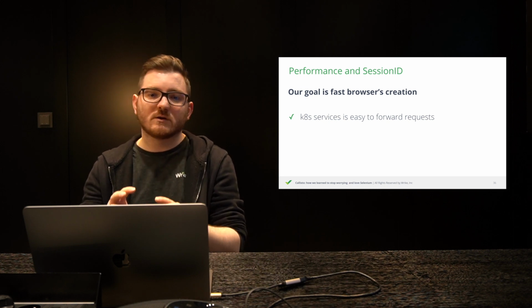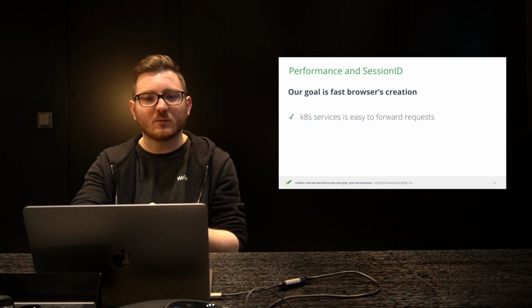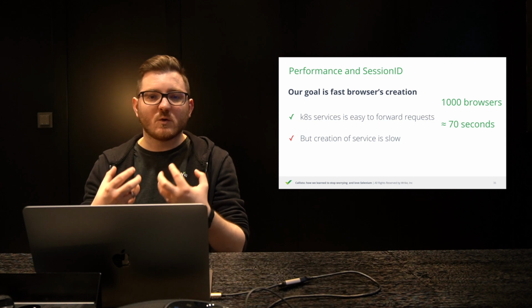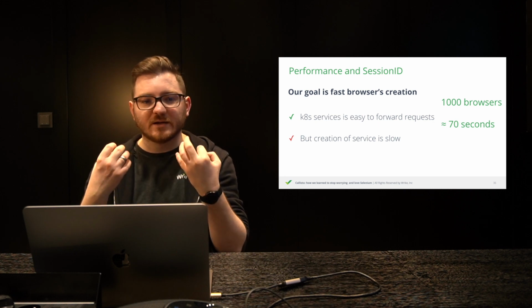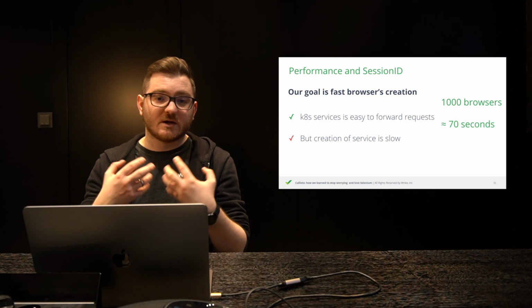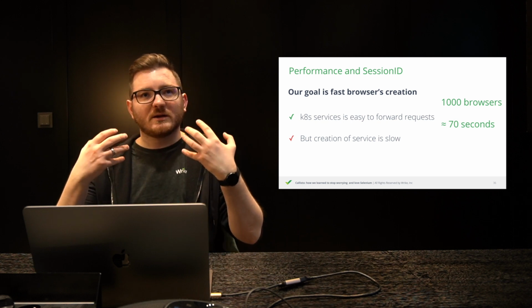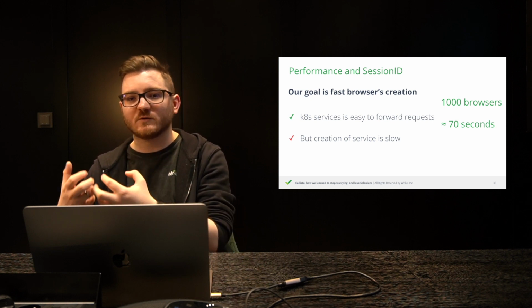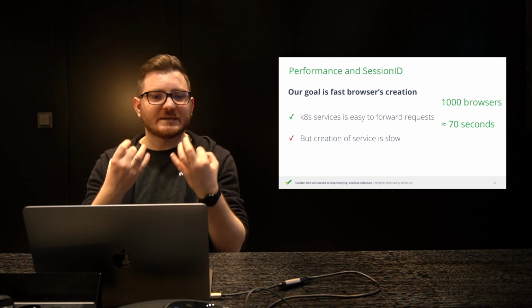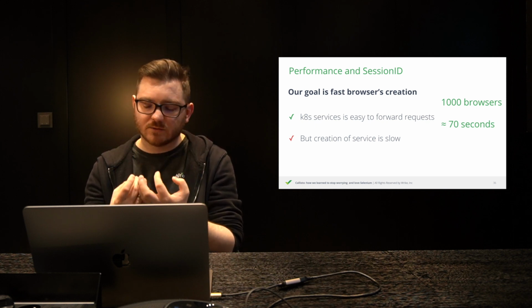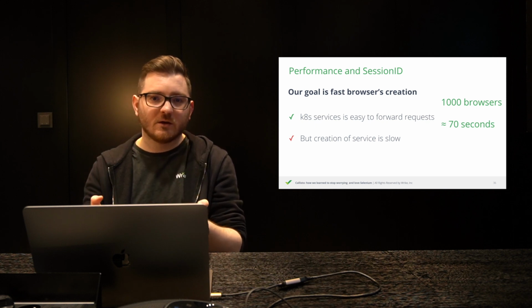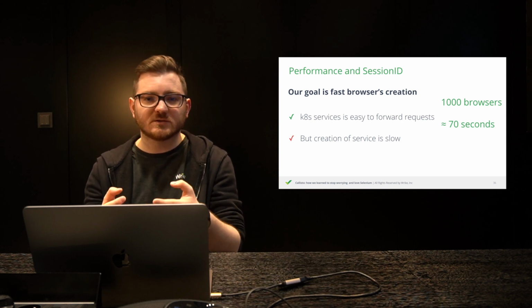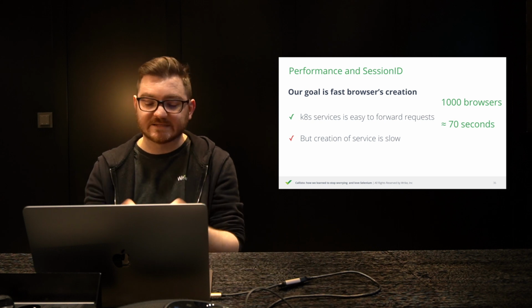But after some performance testing, we got this result. It's a really slow process of creation of services in our case, because we create a really huge bunch of services in a short amount of time. So we need around 70 seconds to create a browser in a cluster with 1000 browsers or tests already running.